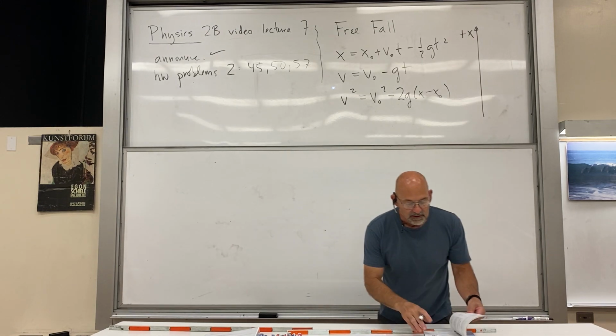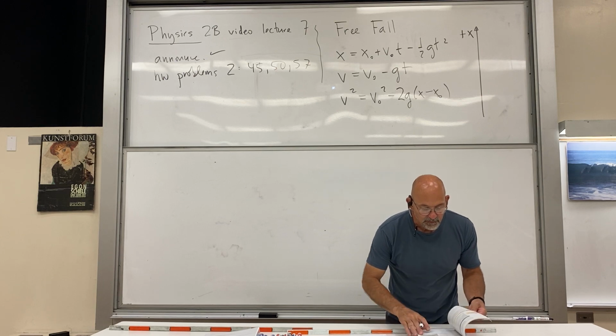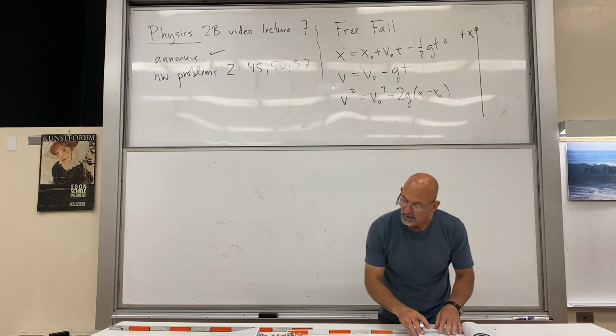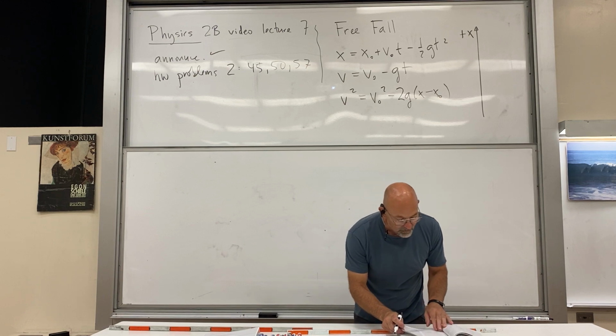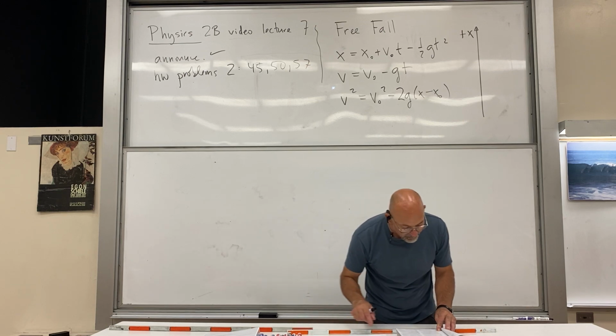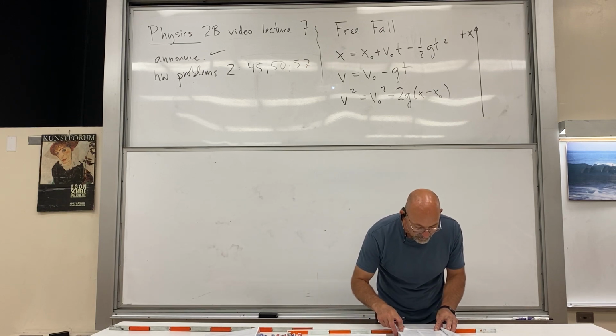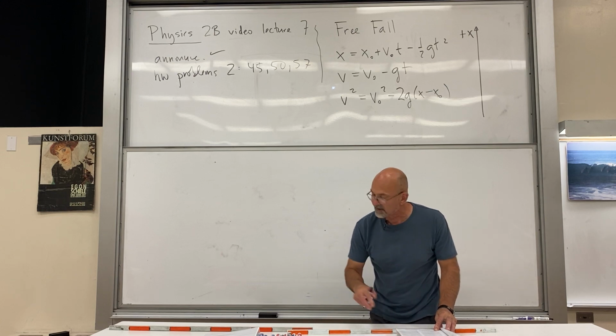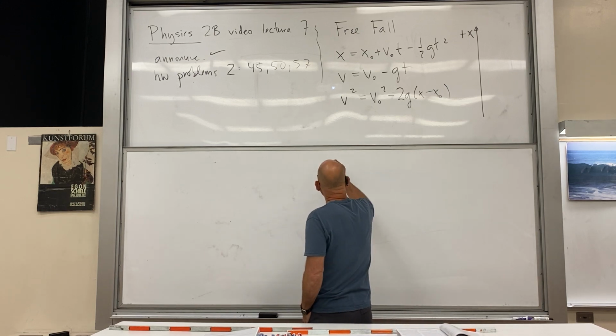So I'll look up these problems here, at the end of chapter 2. 45 was a vertical throw. And this is the one they were asking me for, 45D, the velocity when it returns to the level from which it started. So we're just going to graph it.